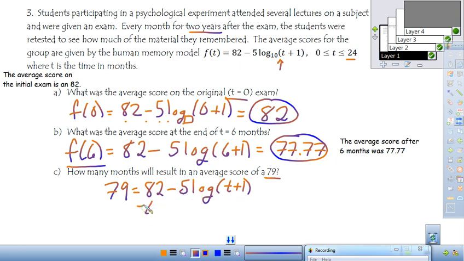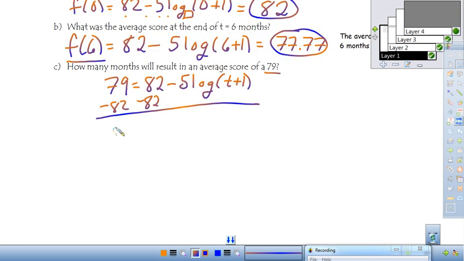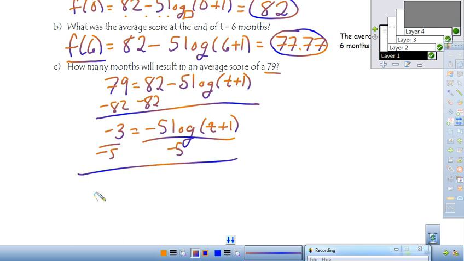So we're going to subtract 82 from both sides. And that's going to give us negative 3. And then we're going to divide through by that negative 5. To get 0.6. And since our variable here is inside the log, we're going to need to convert it.